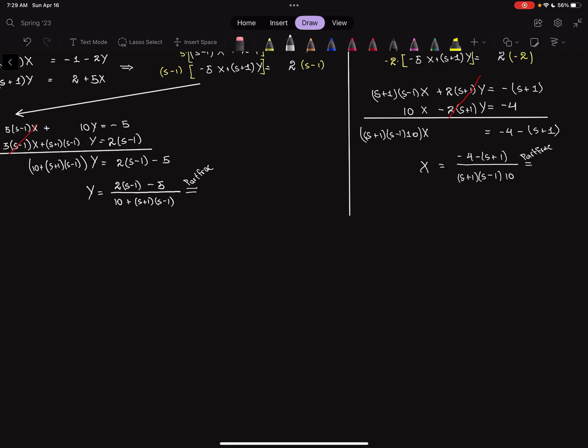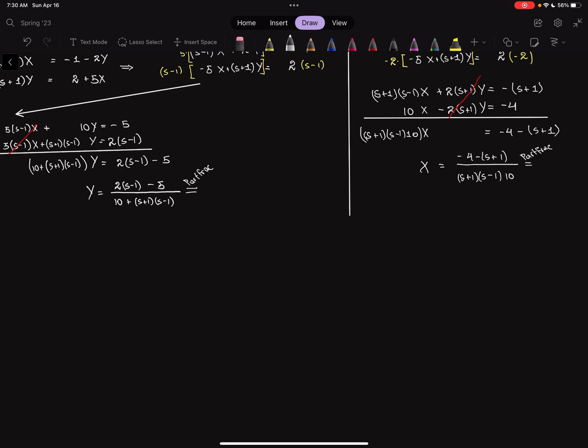I have to use the partfrac command, open parentheses, and say 2 times (s minus 1) minus 5, all of that divided by 10 plus (s plus 1) times (s minus 1).